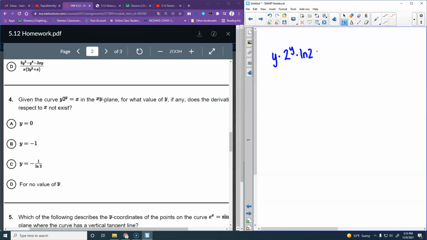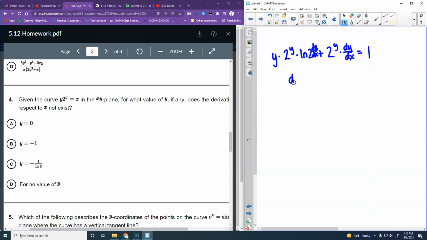So that rule for exponentials that have any base other than e, it's going to be itself times the natural log of the base, plus 2 to the y times dy/dx. And actually I need a dy/dx here because that expression also had the y with it, and over here the derivative of x is just 1.